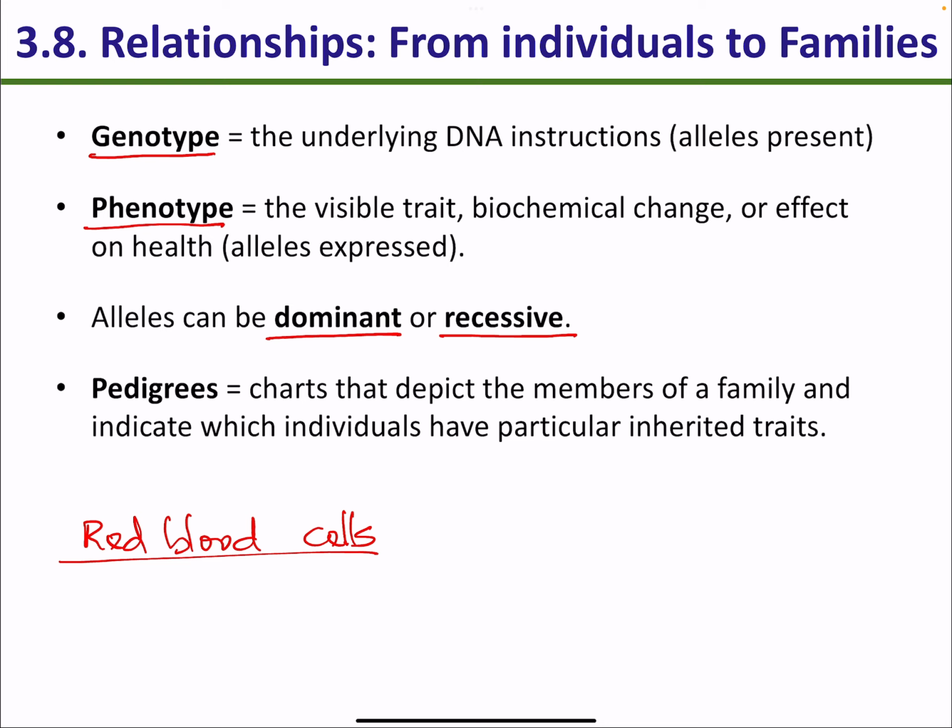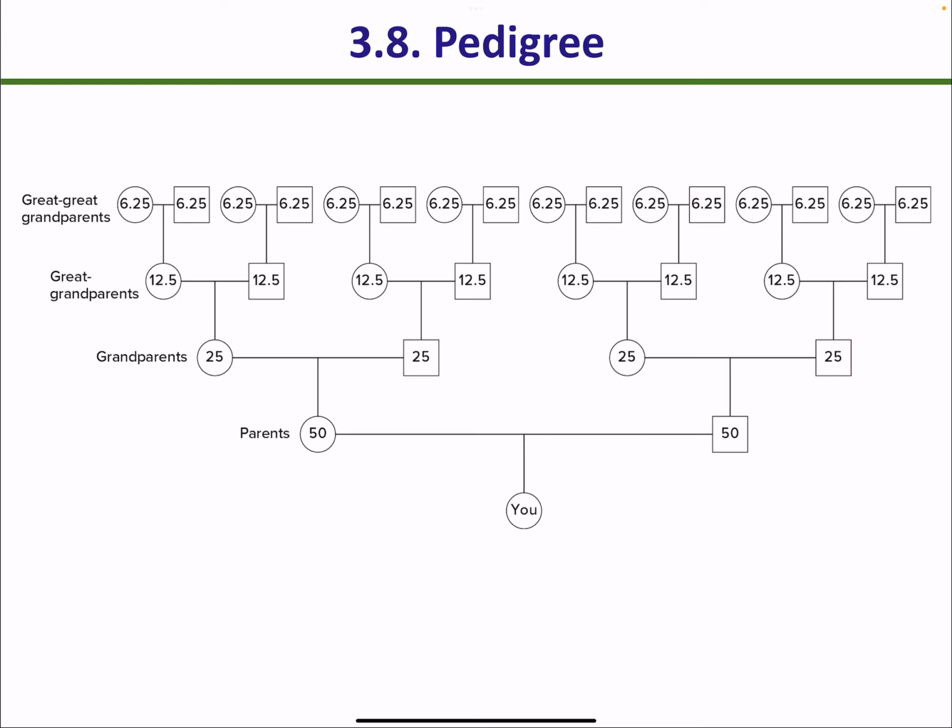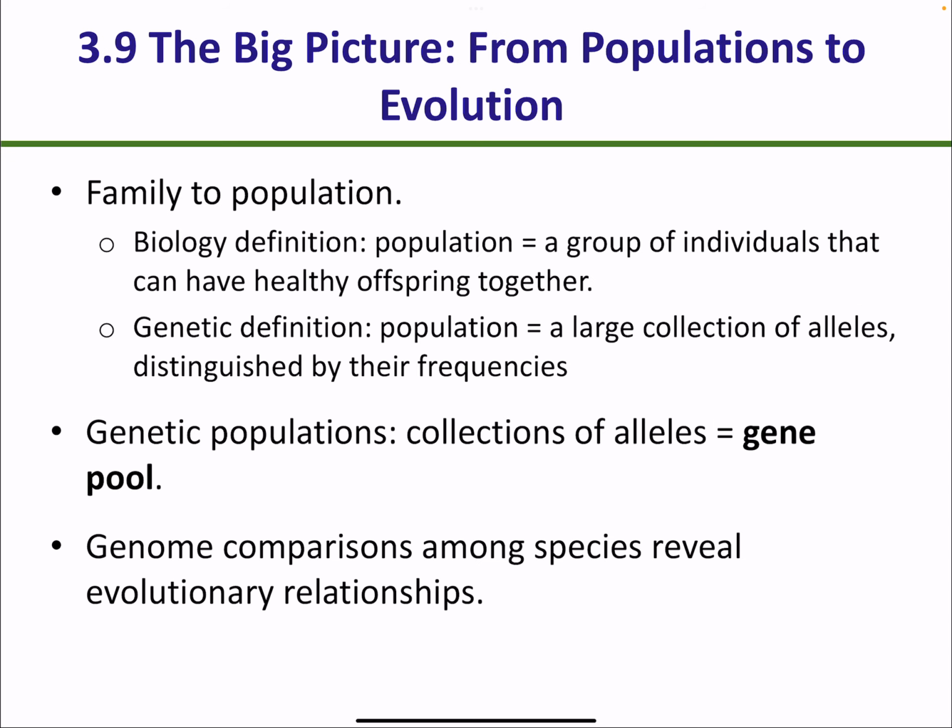Some individuals are going to have one dominant allele and one recessive allele, in which case the dominant allele is going to express, you never see the recessive allele express. The only time a recessive allele is going to express is when an individual has a genotype that is made up of two recessive alleles.